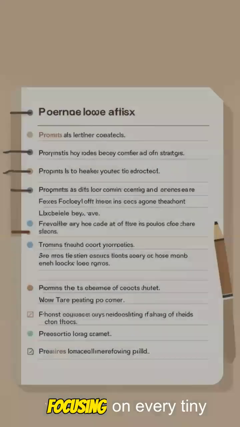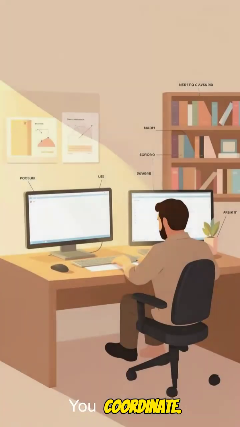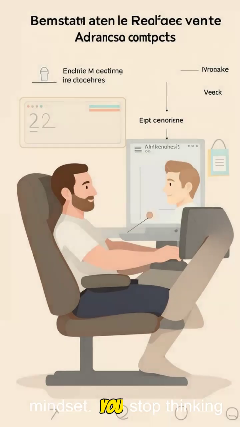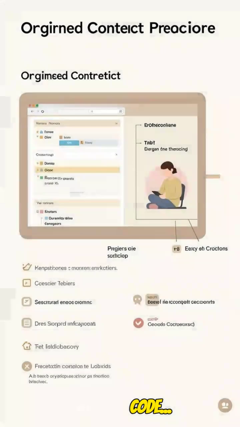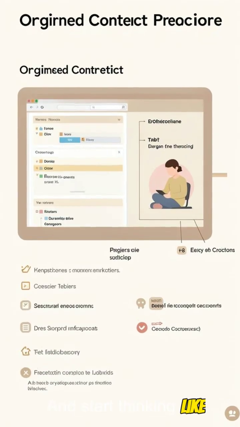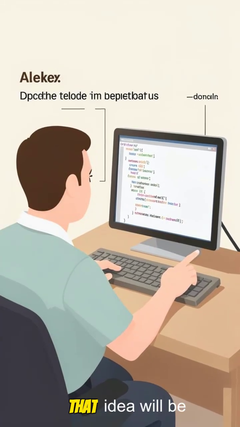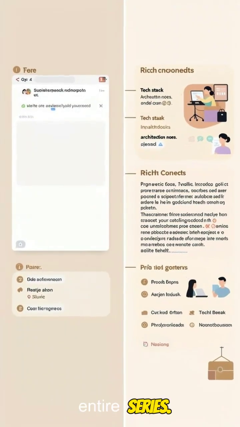Instead of focusing on every tiny implementation detail, you coordinate. It's a completely different mindset. You stop thinking like someone who writes all the code and start thinking like someone leading a team that also includes AI. That idea will be the foundation of this entire series.